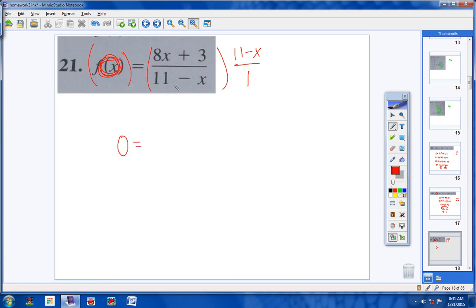Over here, this would cancel with this, leaving you with 8x plus 3. Now bring your 3 over and make it a negative 3. Divide by 8. And there's your 0. Just that simple. It looks really tough when you look at the problem at first, but it's really not that difficult to do. So here's the 0 or the x-intercept.